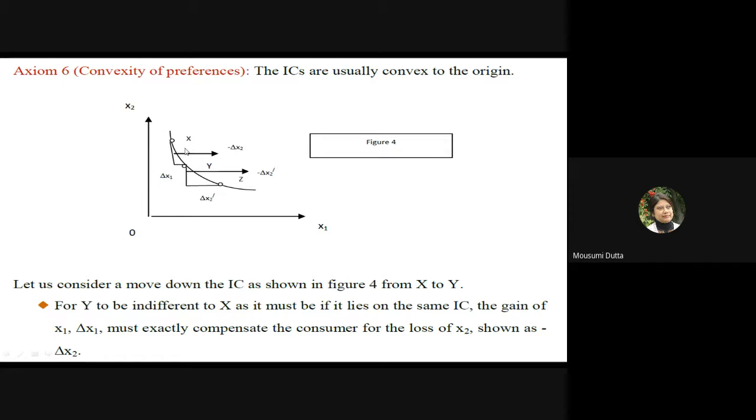This is the loss. To compensate this loss, I want some additional amount of X1 so that I can remain on the same indifference curve, so that I am indifferent between points X and Y. That amount is given by delta X1.